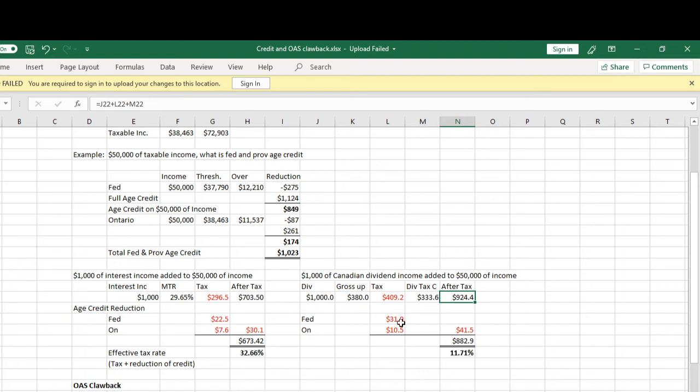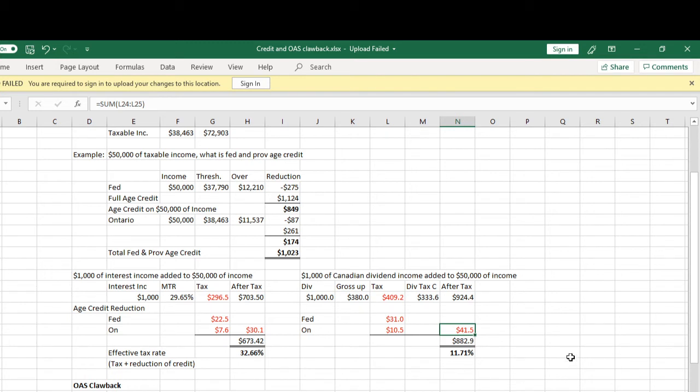However, the age credit or any means-tested credits are based on the taxable income. So the taxable income isn't $1,000 anymore, it's $1,380. It's the grossed-up amount. You can see we've got $1,000 of interest income and $1,000 of dividend income.